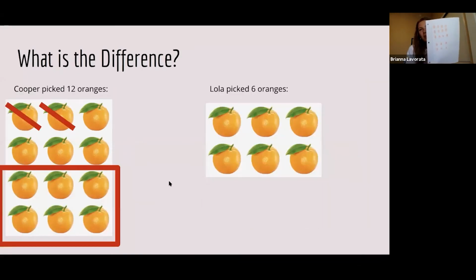So now we want to figure out what is the difference. So I'm going to go ahead and stop sharing my screen for a minute, and we're going to work this problem out on paper together before I show you what I had on my screen. So we want to know, well, what is the difference between these two quantities, these two amounts?